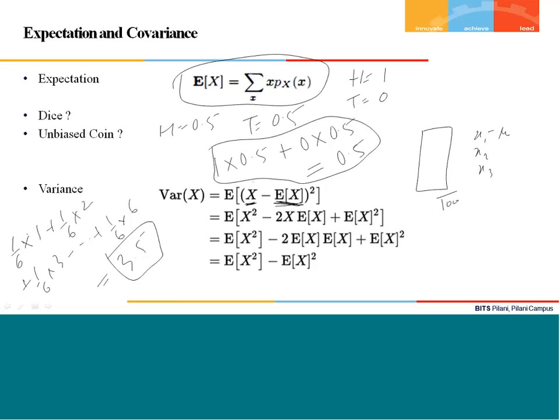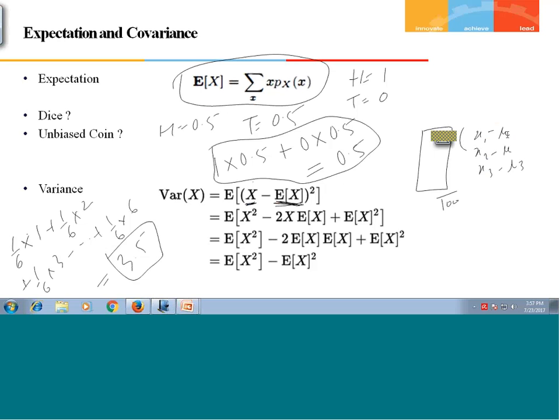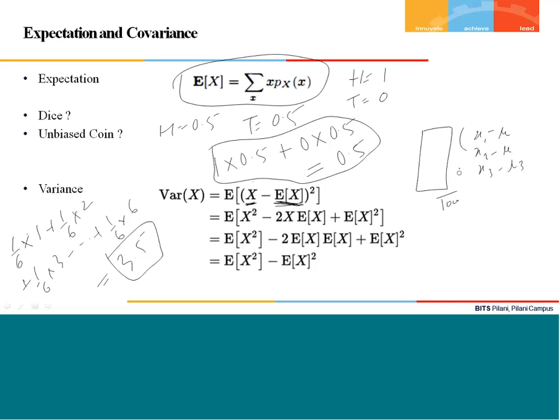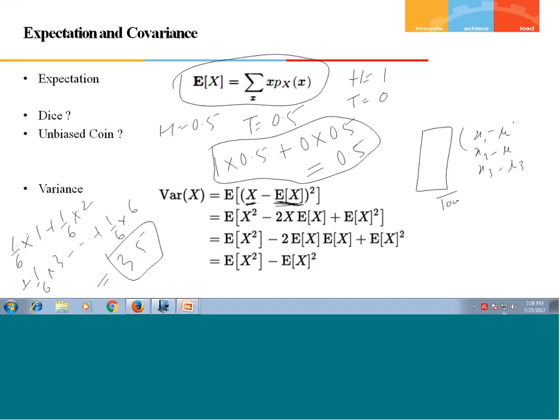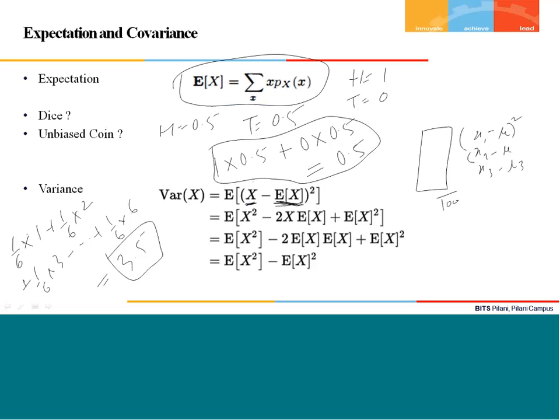So x1 minus mu, x2 minus mu, x3 minus mu, square each, add them up, and divide by 3. This is how we get it. In the probability sense, we get the variance by this formula.